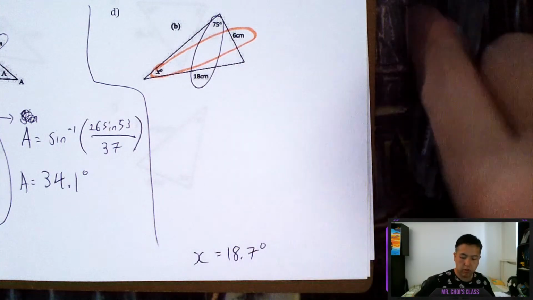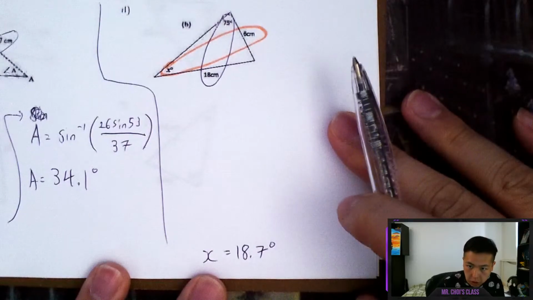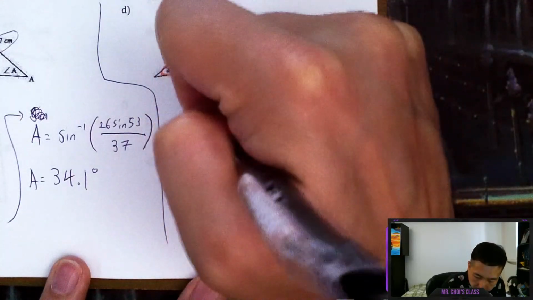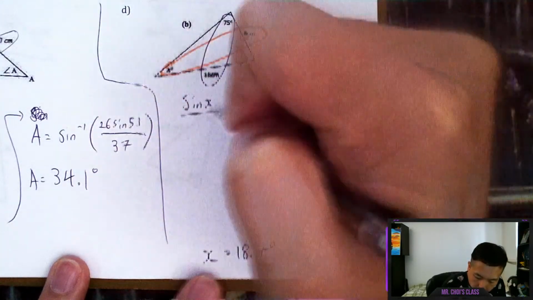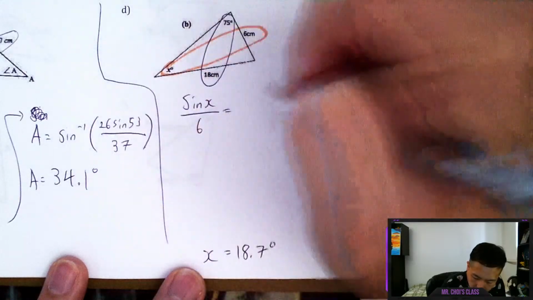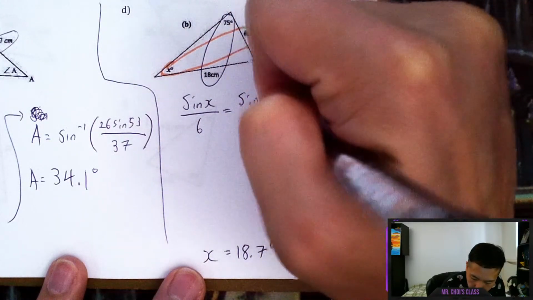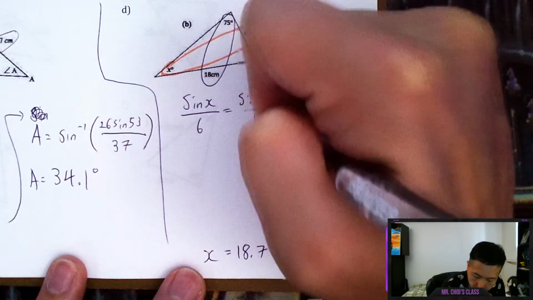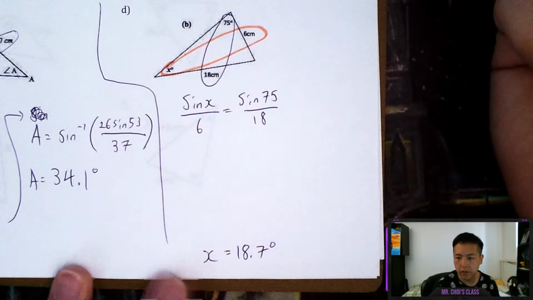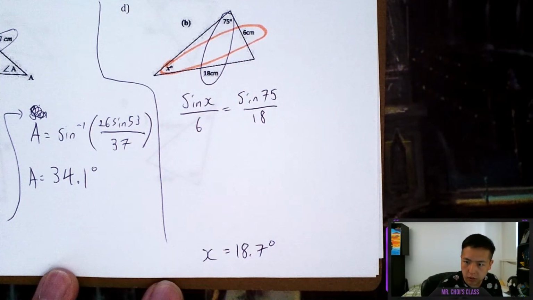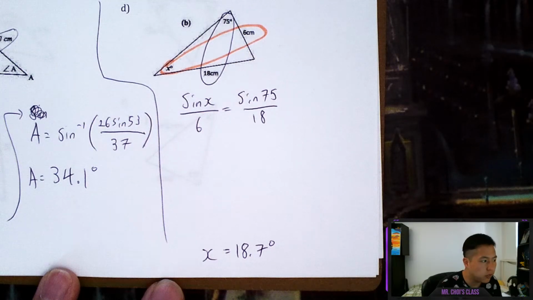So we have both, so we can set up our equation. You should have set it up as sine x over 6 is equal to sine 75 over 18. Okay? Sine x over 6 is equal to sine 75 over 18.